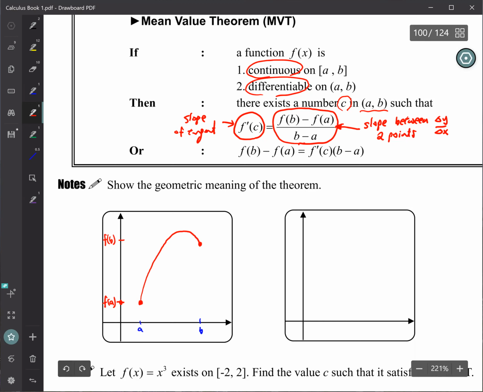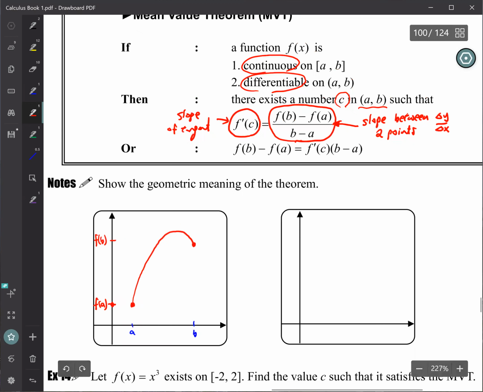So for the mean value theorem to work, it has to be continuous. So we check, this is continuous, differentiable. Now there has to be a number c such that the slope of the tangent is the same as the slope between the two endpoints. I'm going to draw the slope between the two endpoints with the green line.